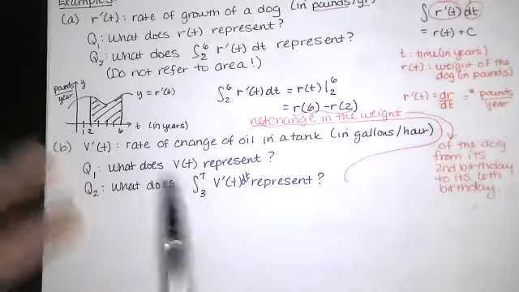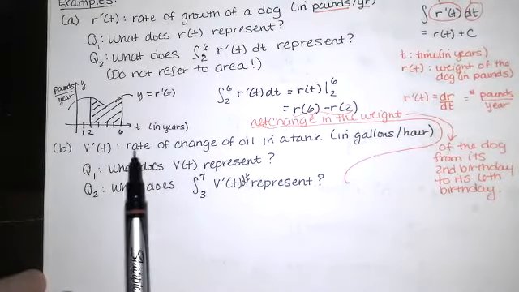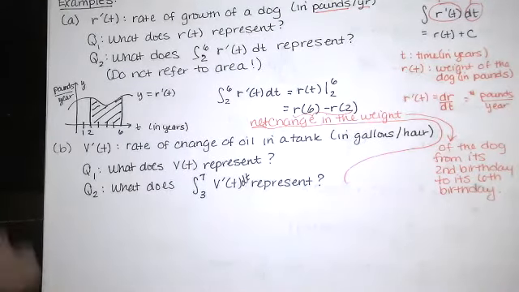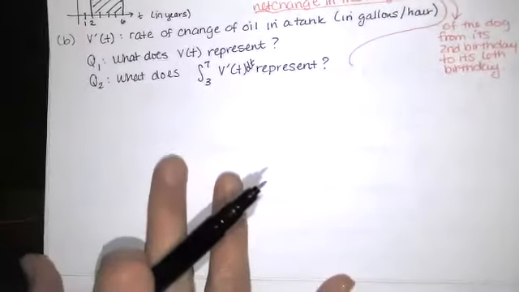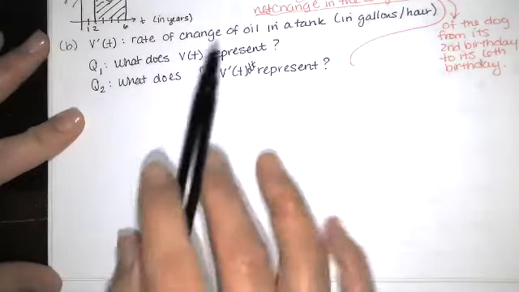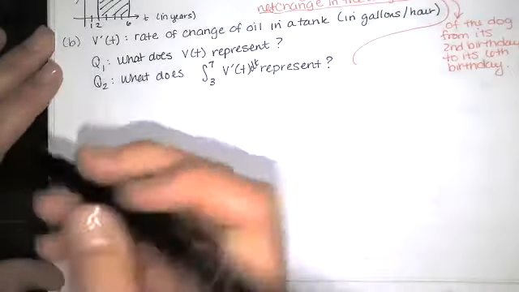Okay, so now let's look at another application. We're told that v prime of t is the rate of change of oil in a tank in gallons per hour. I saw this in an application problem related to an oil leak. So the rate of change of oil in a tank would be negative because it's leaking.